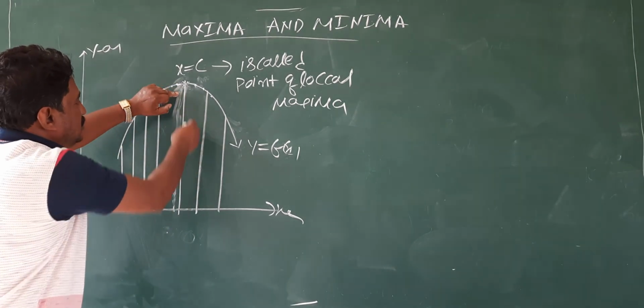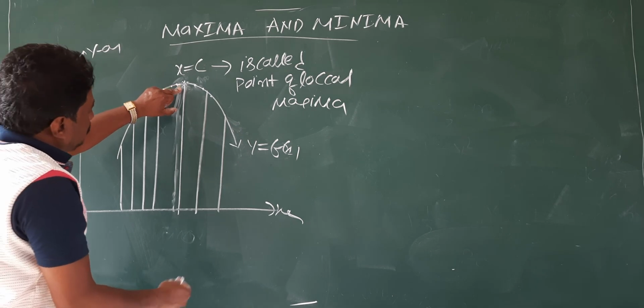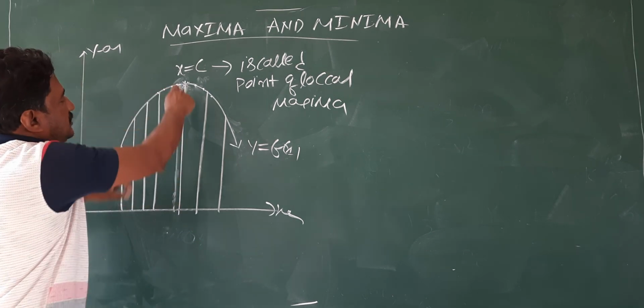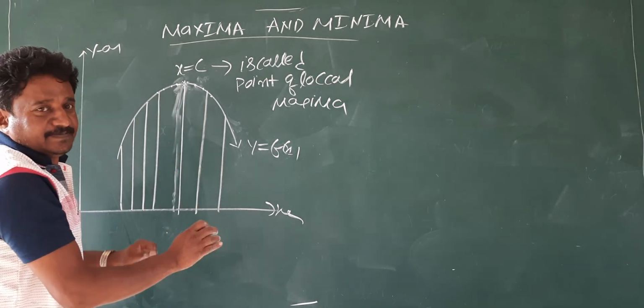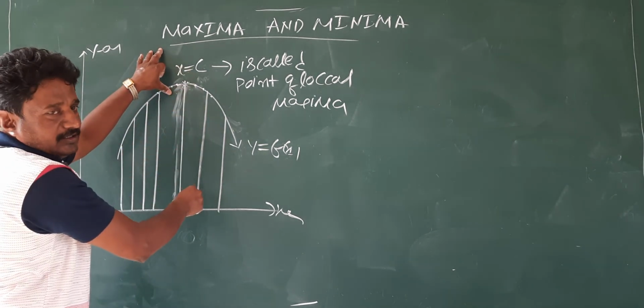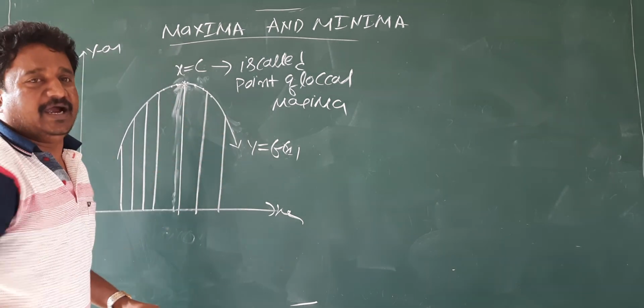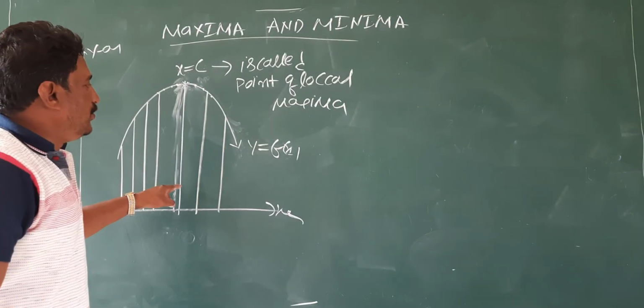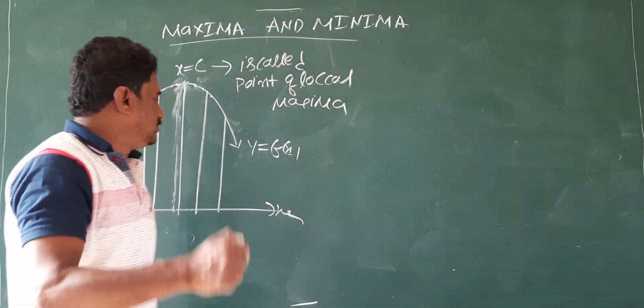Look at this, this height is the highest, very large compared to its neighboring heights. Therefore, this y value is called the maximum value.